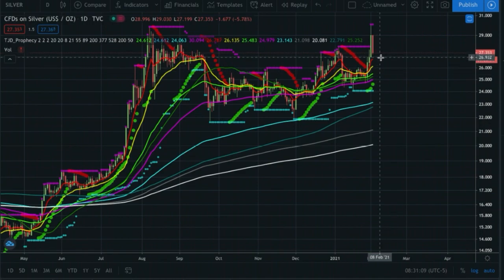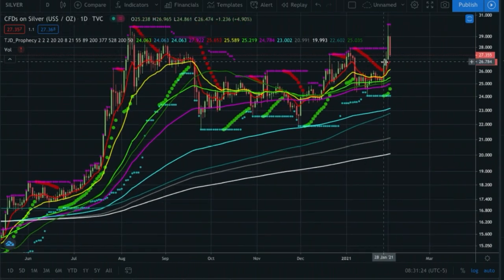Definitely a possibility. If you're not familiar with what I'm talking about, look at my silver cup and handle video, talking about the most massive cup and handle ever, with price targets measured up to $90, potential targets of like $200 to $250. But just like I said, exactly what happened.